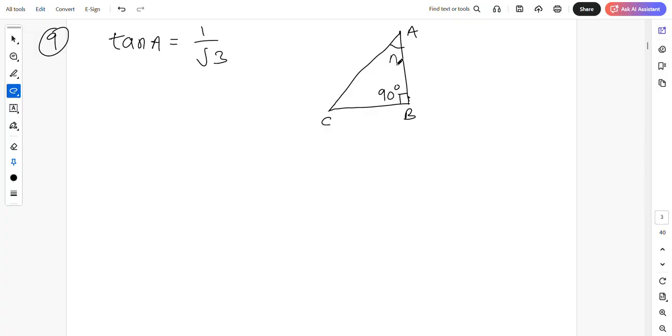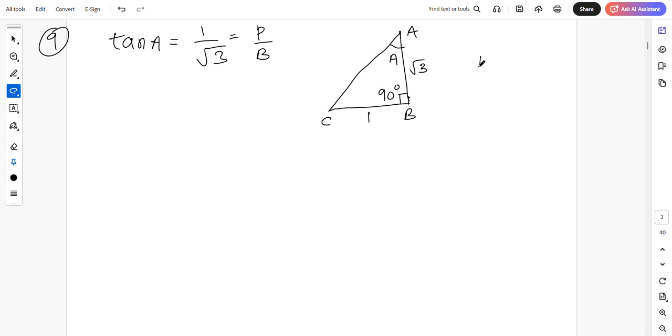This is angle A. Tan theta is equal to perpendicular by base. Perpendicular is this one, 1, and this is root 3. First calculate the hypotenuse. 1 by root 3, perpendicular by base. This is the angle A, perpendicular is this one, and base is root 3 here.